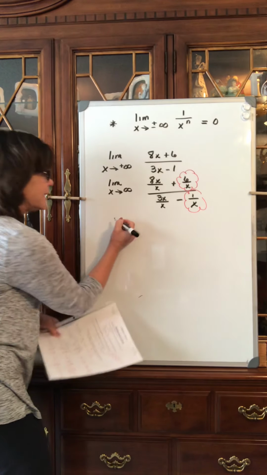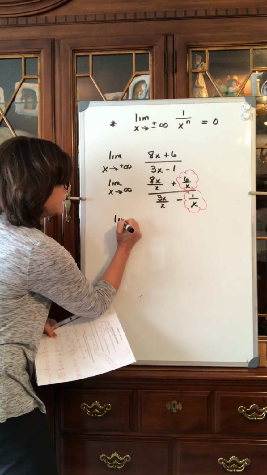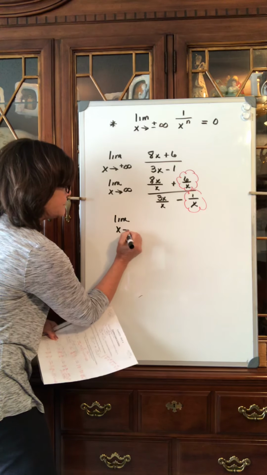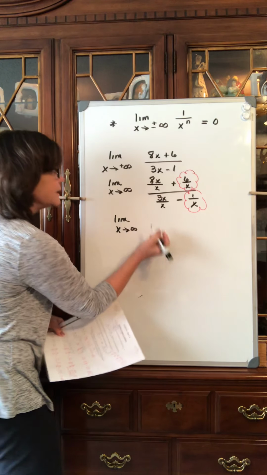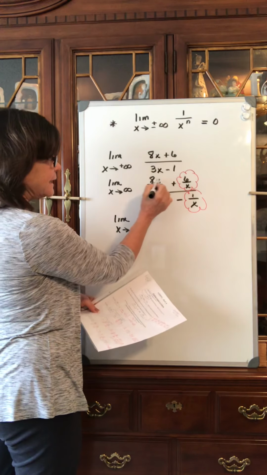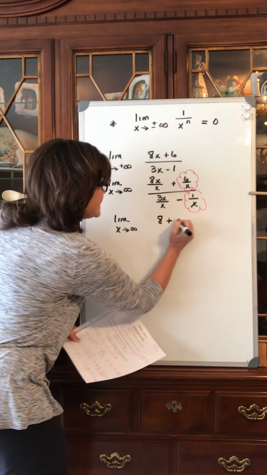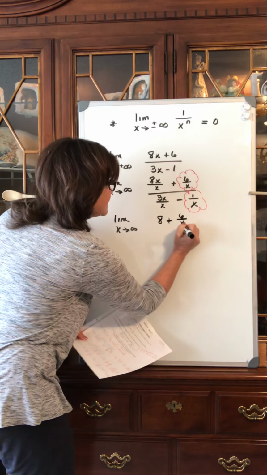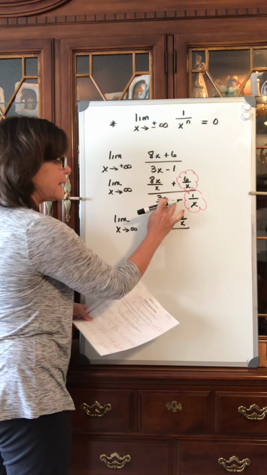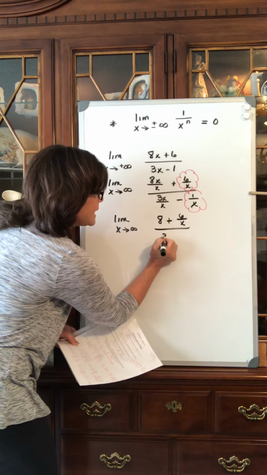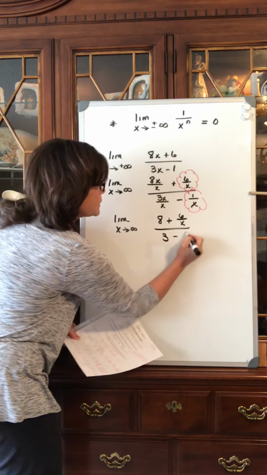So I'm going to simplify this. I want the limit as x is approaching positive infinity. When I divide 8x divided by x, I just get 8. This stays 6 over x. When I divide 3x over x, I get just the constant 3 minus 1 over x.